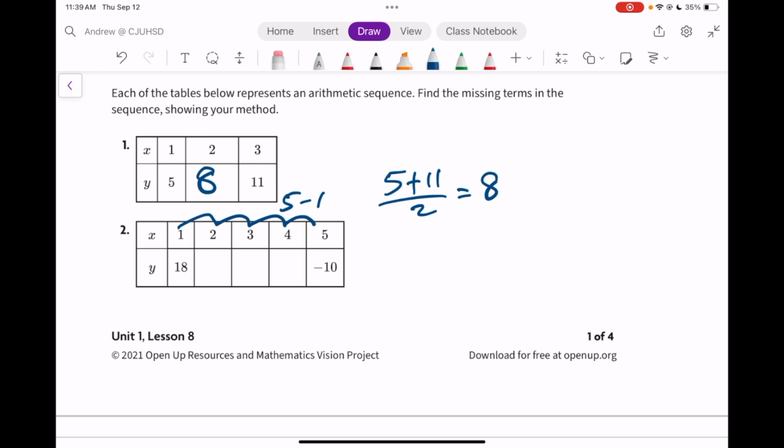Well, from 18 down to negative 10, you're going to have to go down 28. So see if this makes sense. If we have to go down by 28, and we have to do that in 4 jumps, that means that each jump is negative 7.